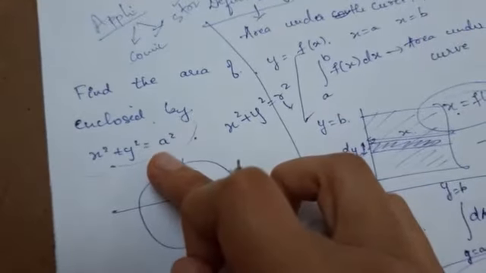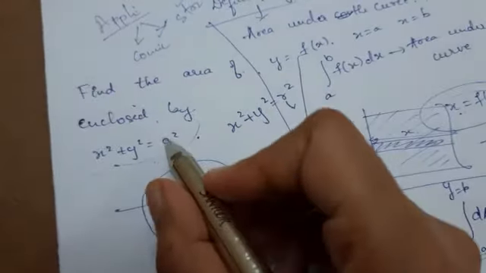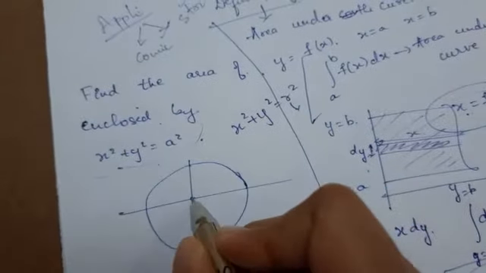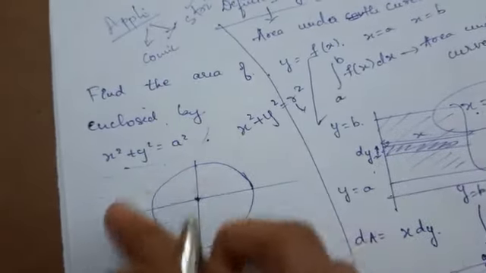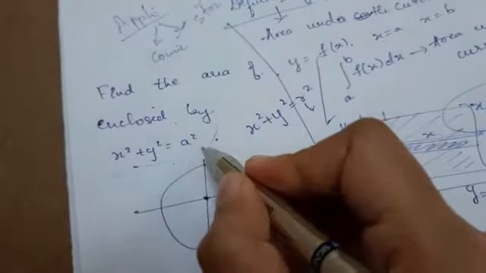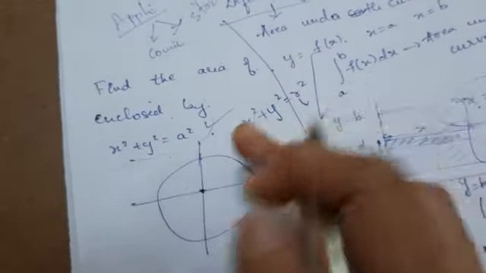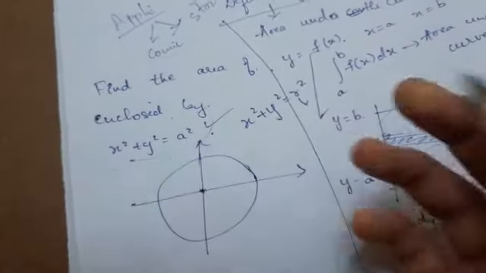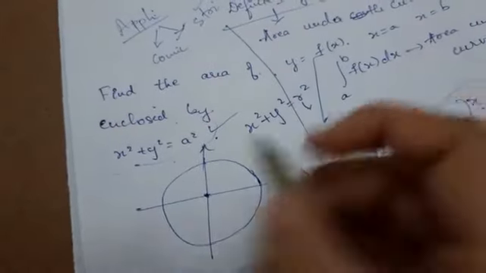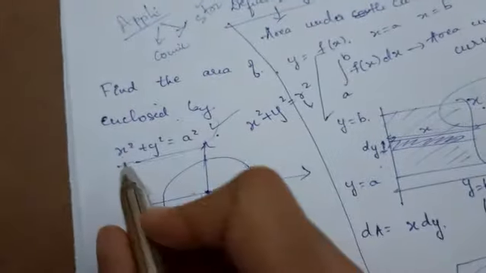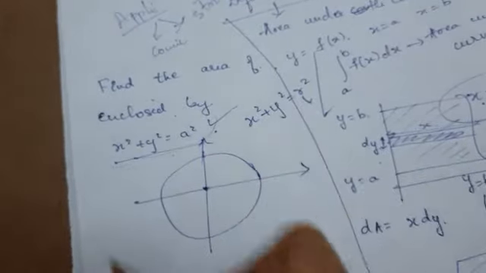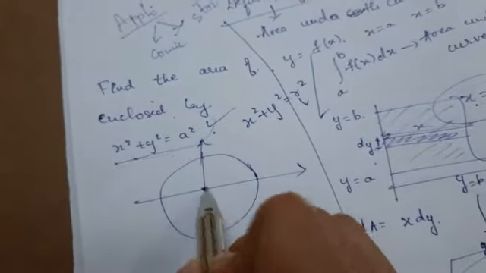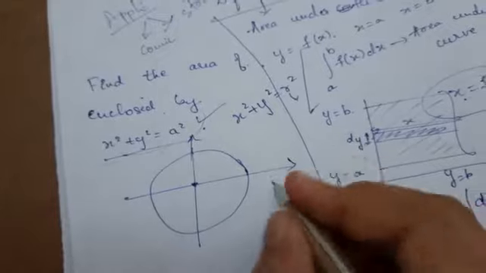Here in place of r we have a, so a is the radius. We have drawn the curve which they have given. We should have this basic idea of drawing the curve by looking at the given equation. So x square plus y square is equal to a square is a circle whose center is at the origin and the radius is equal to a.